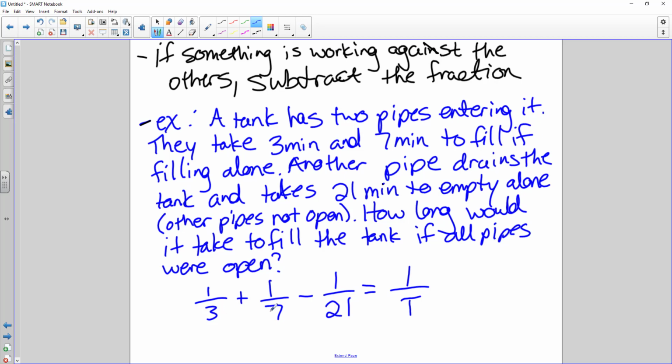So in this one, 3, 7, 21, and t, the common denominator is going to be 21t. So 21t over 1 on each fraction. So I'm going to go through and do my canceling. 21 and 3, I'm left with 7. 21 and 7, I'm left with 3. 21's cancel, t's cancel.